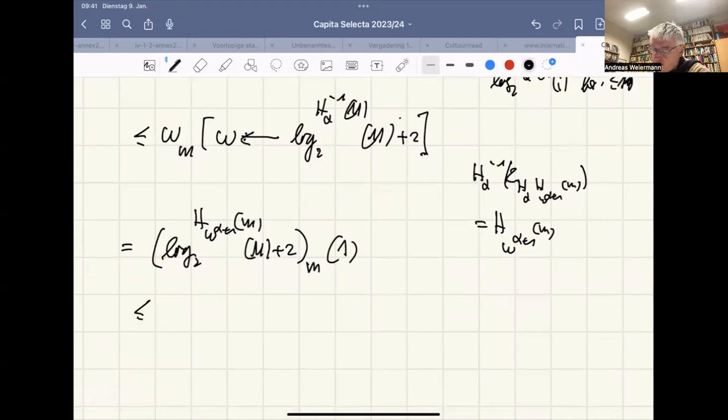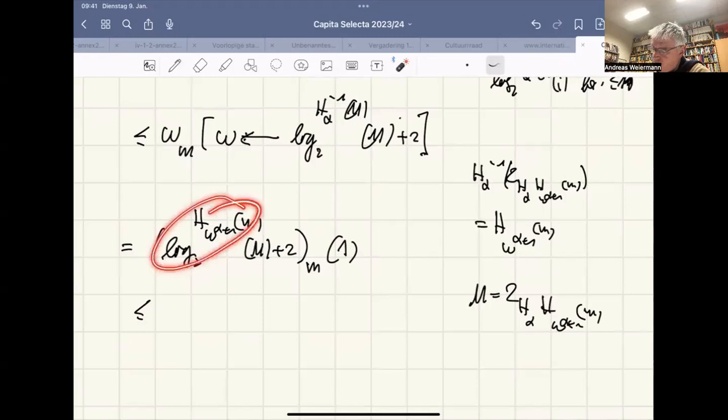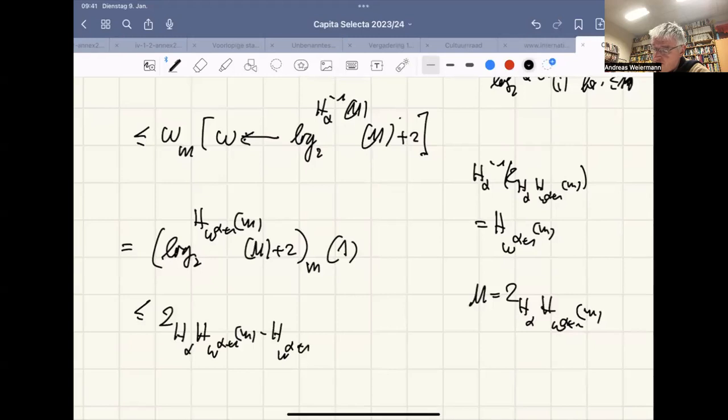So this is bounded by m is 2 index h alpha of h omega to the alpha plus 1 of m. Now if I apply the log function h omega alpha plus 1 many times here, then I obtain here 2 index the original function, and then I have to subtract h omega to the alpha plus 1 of m many times, because for this I do the iteration over here.